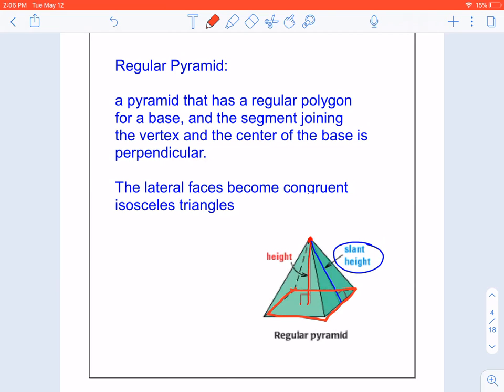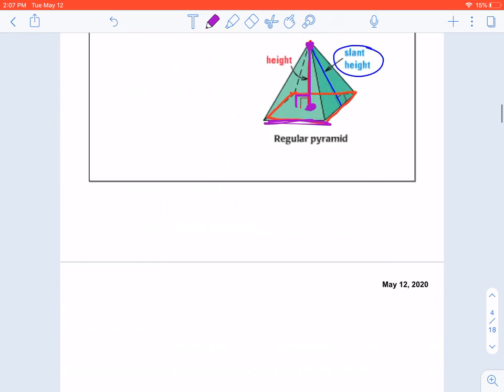So as you come down from that tip point of your pyramid, down to your base, it is perpendicular to the base, and it is going to be the center of the base, meaning that it will cut your edge length here in half, which is going to be important to us, and we'll talk about why here in a couple minutes. The lateral faces all become what they call congruent isosceles triangles then.